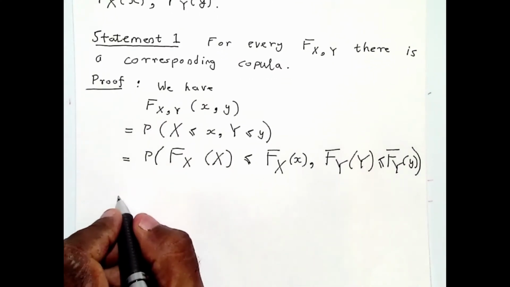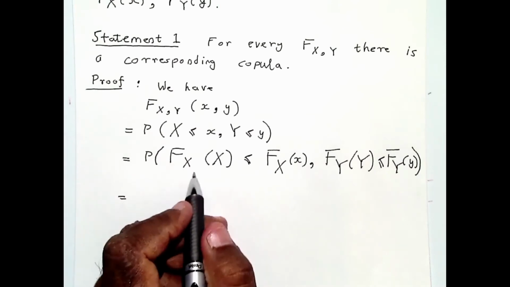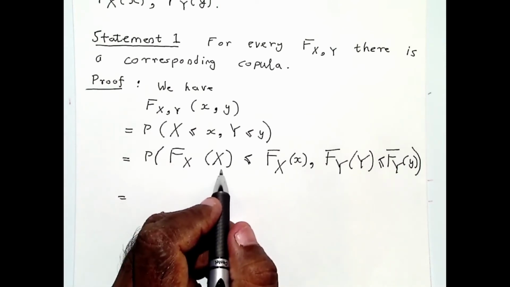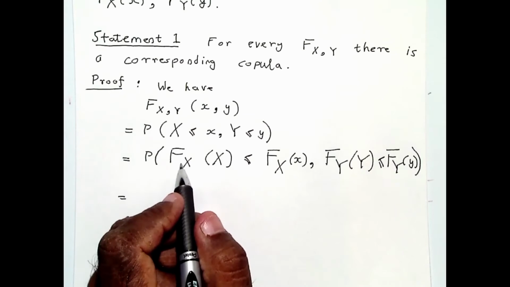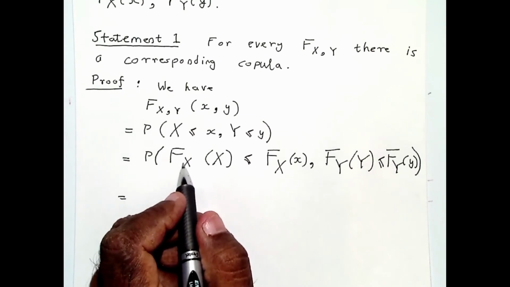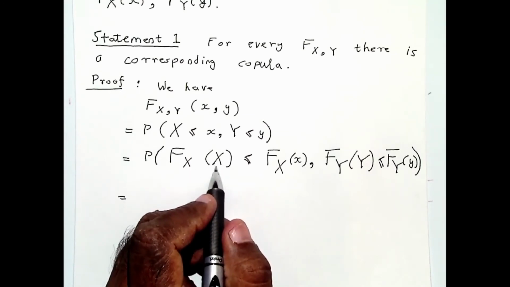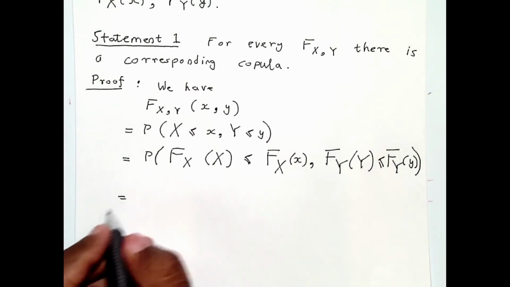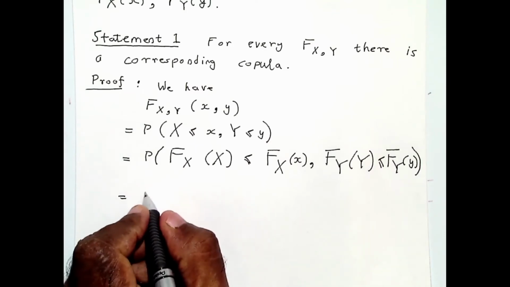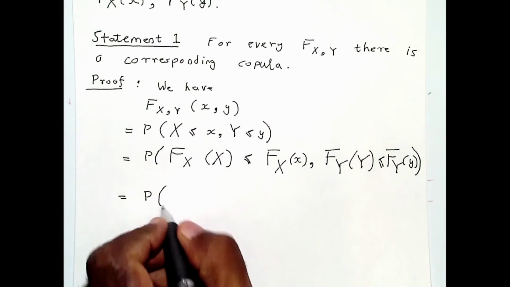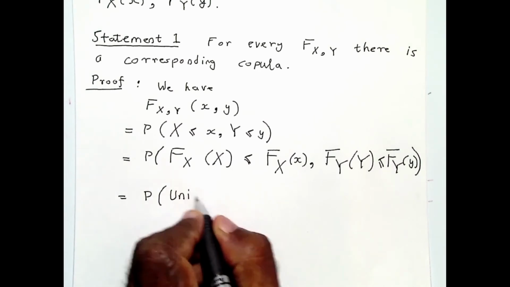Now in the next step, whenever you have a random variable X and you take the CDF of the random variable X, what you get is a uniform random variable.